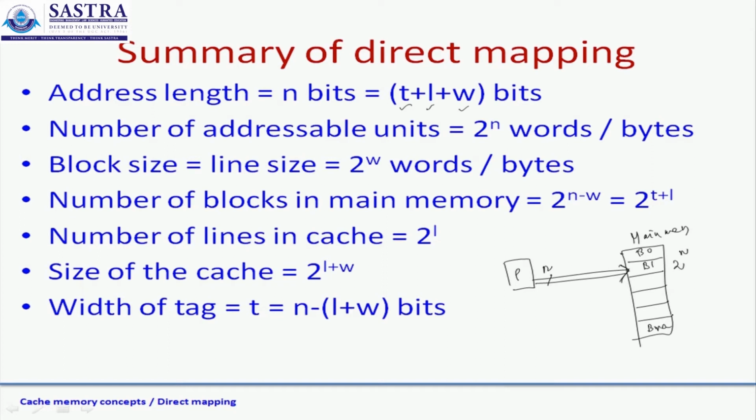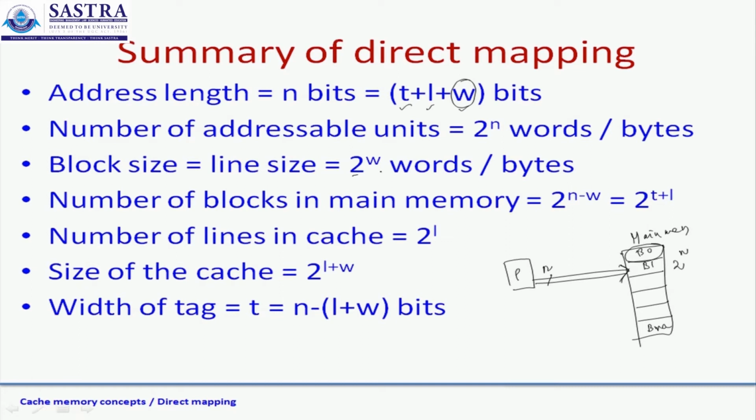It is named like this. The block size, how many addressable units are present in a block, will be equal to the line size. We can get that from this information W: 2 power W words.